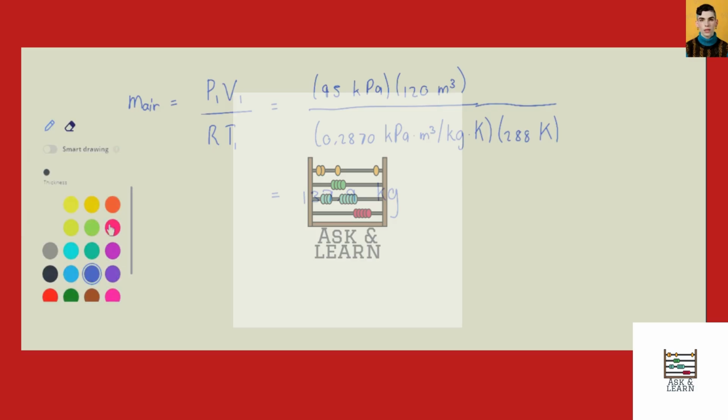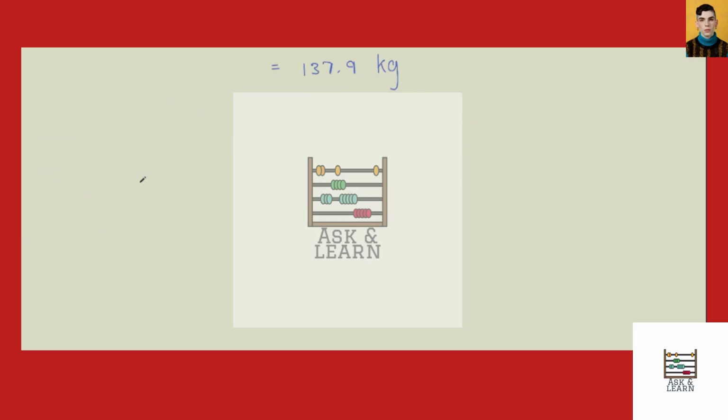Now, if we take the contents of the room, including the water as our system, we can write an energy balance equation. Since this is a closed system, E in minus E out is equal to delta E, the change in energy for the system.